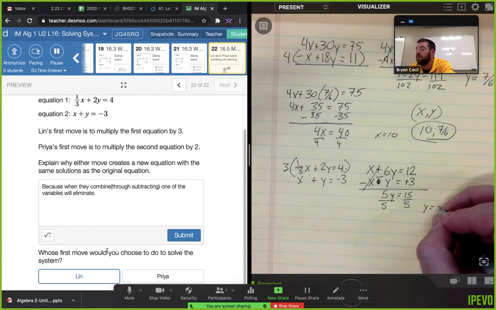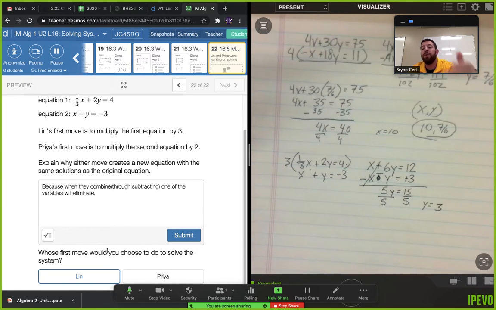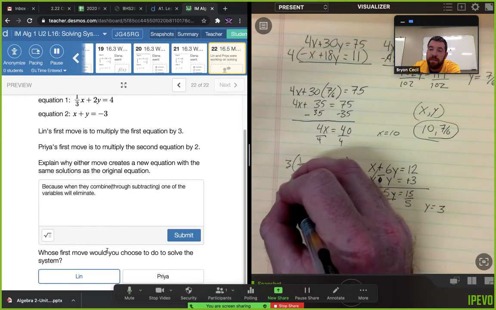It is a 3. Now you can plug this into either the top equation or the bottom equation. For me personally, I'm going to stay away from equation 1 because of the fraction. Because again, plug it into the original equation and make sure that you're plugging it into a solid equation, to see, did I do it right from the very beginning? Okay, so now I'm going to plug it into this equation right here.